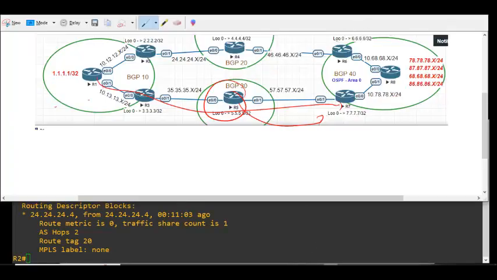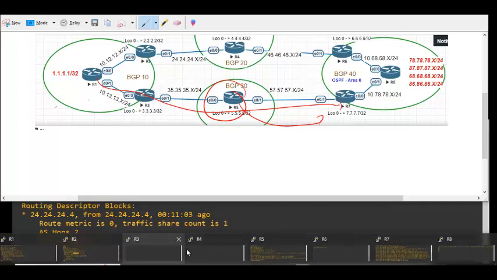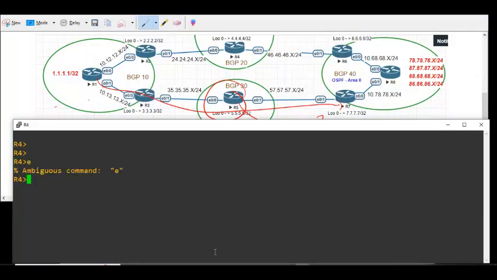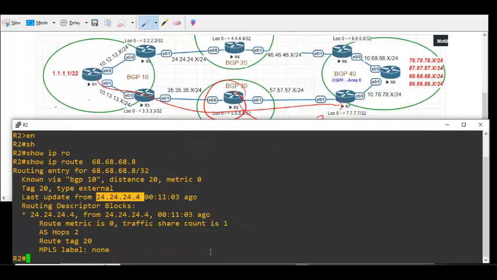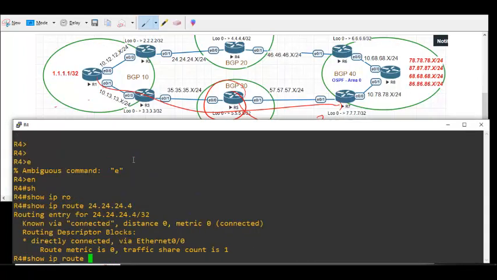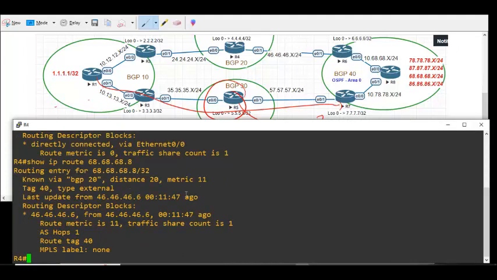Go to router 4. Show IP route. It says you have to send it to router 6. Okay, we'll send it to router 6.